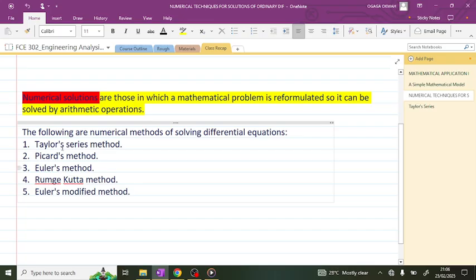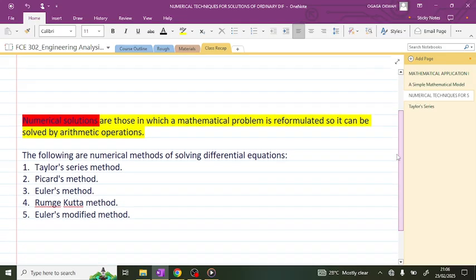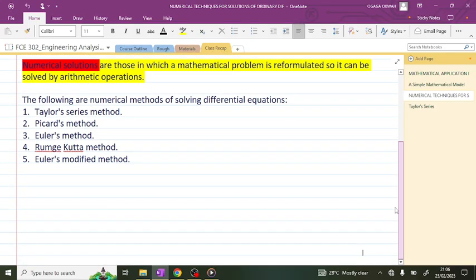There are 5 techniques listed here: the Taylor series method, Picard's method, Euler's method, Runge-Kutta method, and Euler's modified method. In this video we are going to focus on the first method, which is the Taylor series.